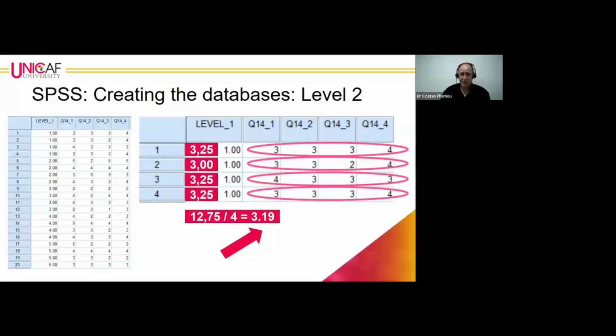But all the others, following the previous example on the individual level, on the level 1, we found that the first employee, looking at these red boxes here, rated work overload 3.25 out of 5, and then the second 3, the third 3.25, and the fourth employee 3.25 again.